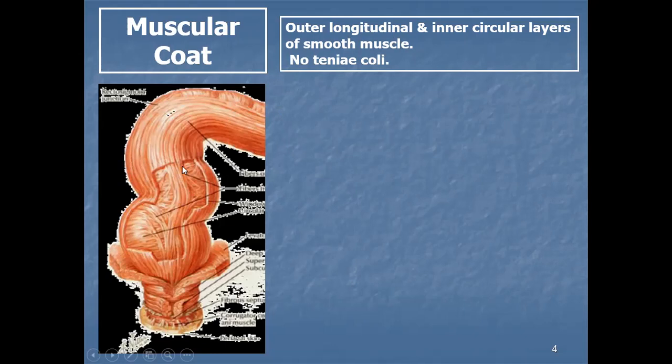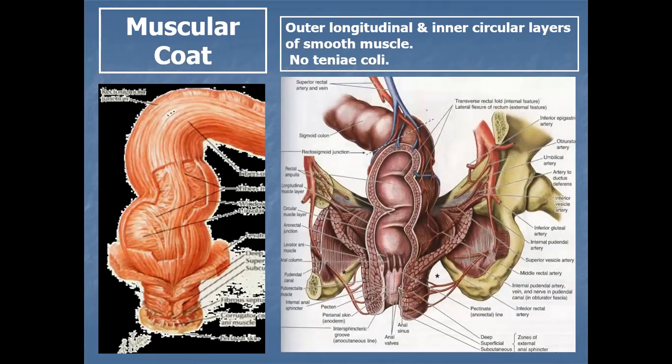These are not tinea, they have cut it to show the inner circular fibers. Tinea means the muscle fibers become a narrow strip. So the tinea are absent in the rectum and the anal canal. There are no tinea coli, no typical features of the large intestine.